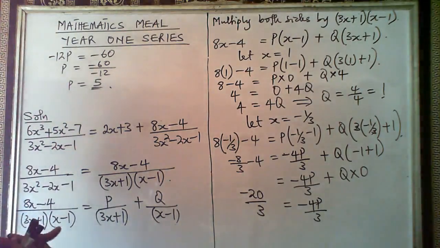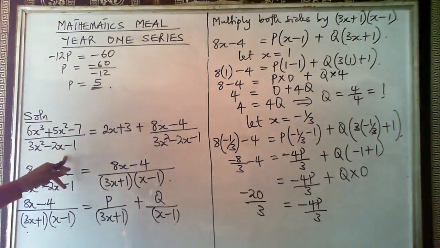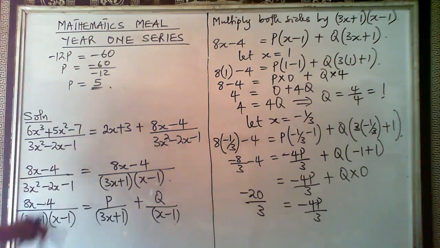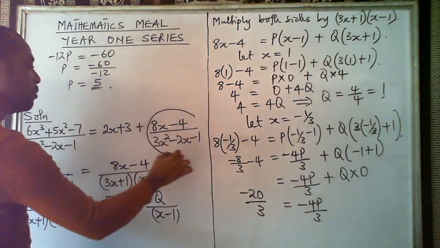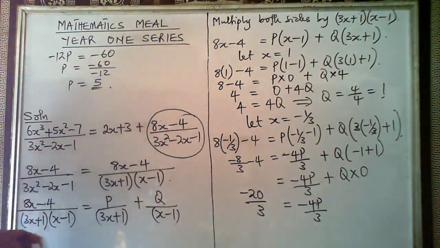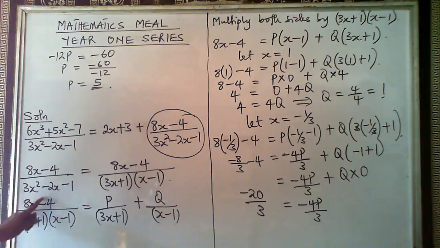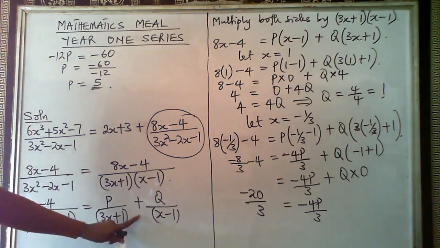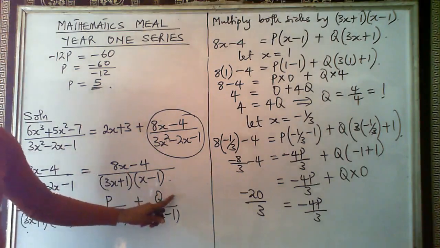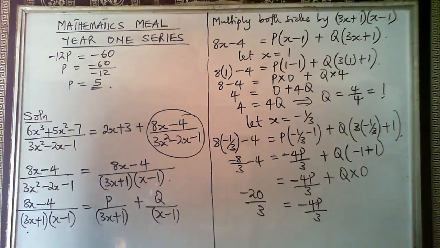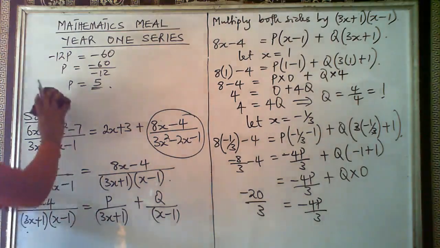P is now 5. So what is our partial fraction? Our partial fraction now is this fraction, right? The whole of this fraction is what we have been resolving. And this is this. So this fraction now is this and this, and we have found p. We have also found q.